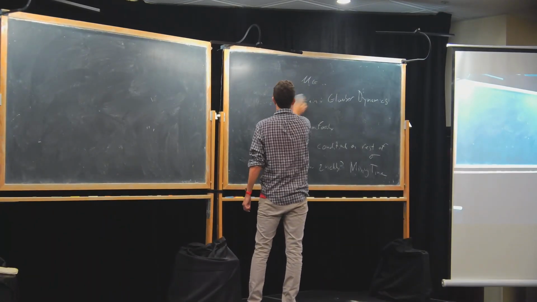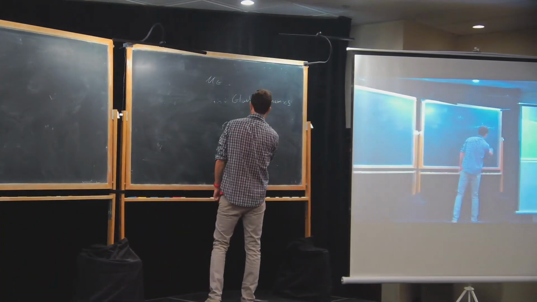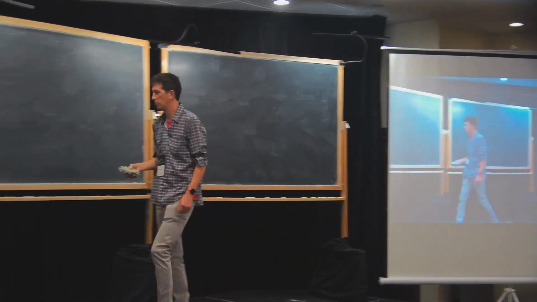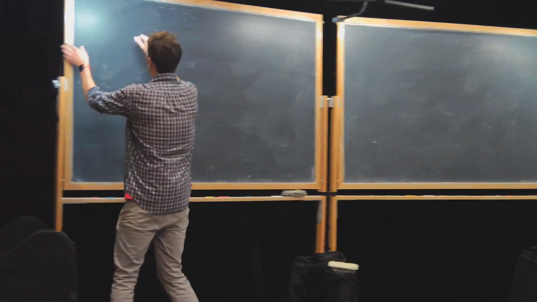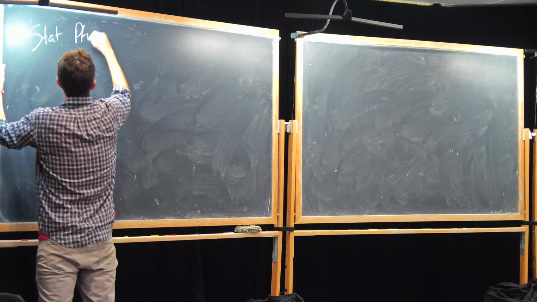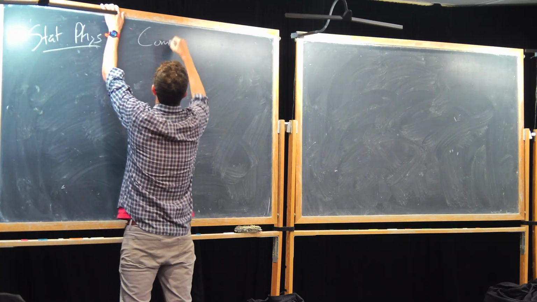And I might even say something about algorithms as well. And then we'll state some theorems and actually do some proving. So here's the glossary: statistical physics here, combinatorics here.